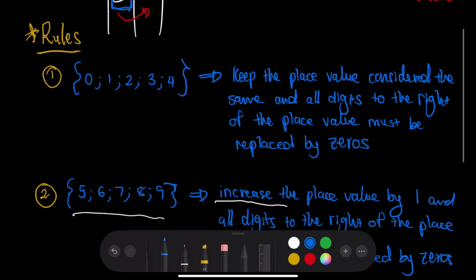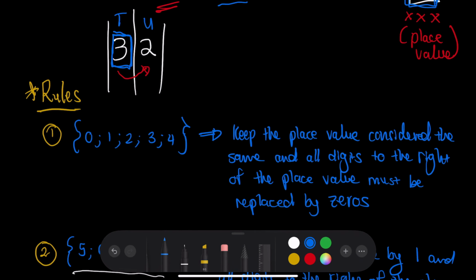But we see this 2 is actually here, so rule 1 will apply. If it's rule 1, it says that I must keep the place value the same.